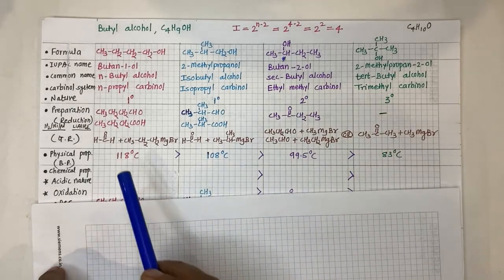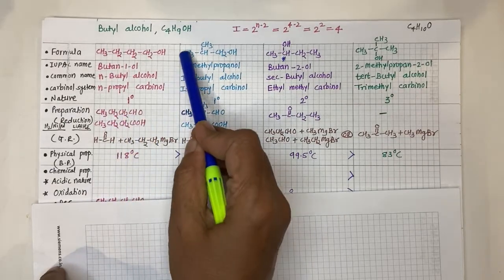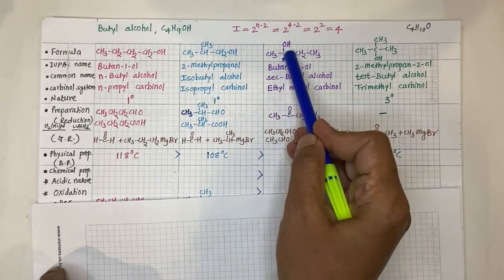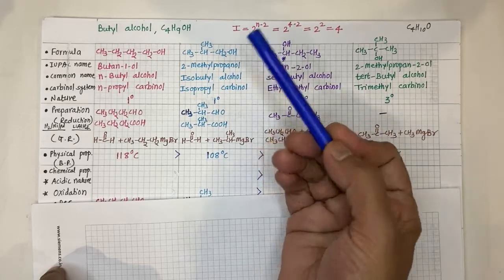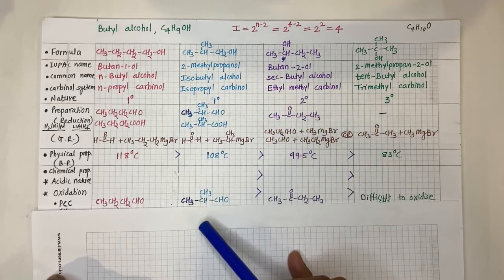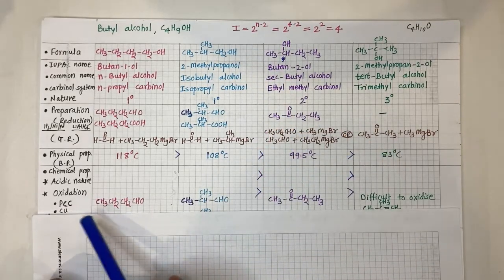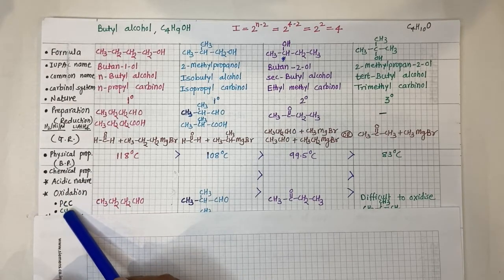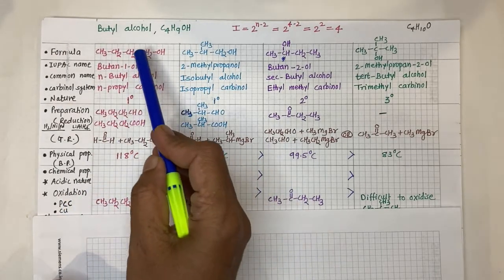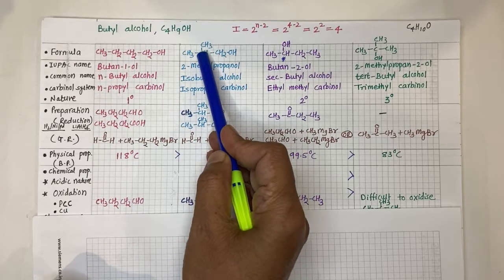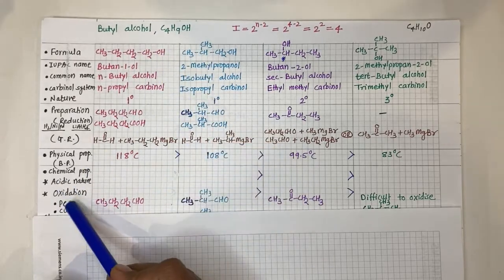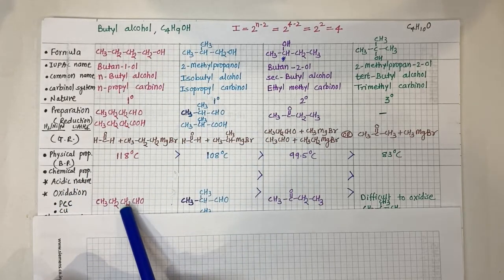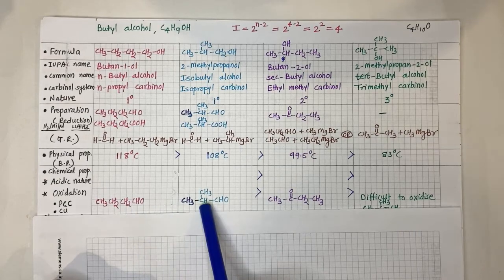Okay, next one more reaction here, oxidation. Now we know that aldehyde on reduction gives primary alcohol, ketone on reduction gives secondary alcohol. Now here exactly opposite. Oxidation by using PCC or copper. See here, these two are primary alcohols, therefore on oxidation with PCC or copper they give the corresponding aldehyde.